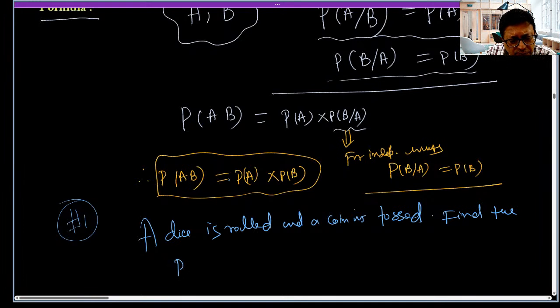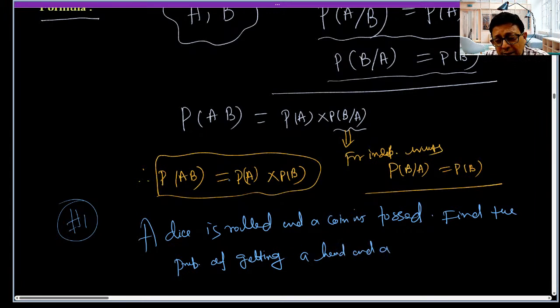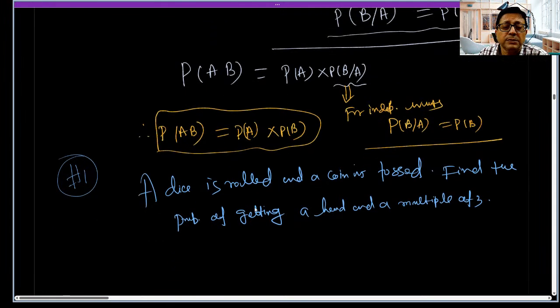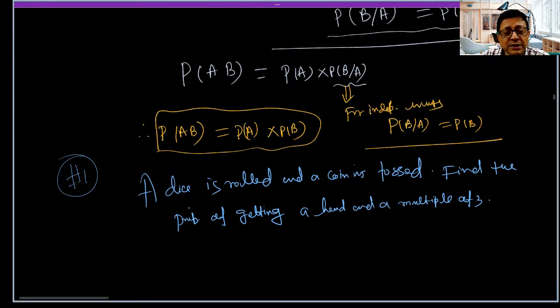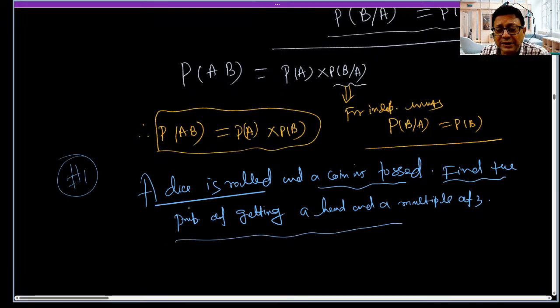Find the probability of getting a head on the coin, obviously, and a multiple of 3 on the dice. What is that? Dice is rolled and a coin is tossed. Find the probability of getting a head and a multiple of 3.